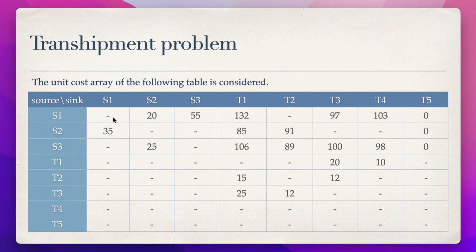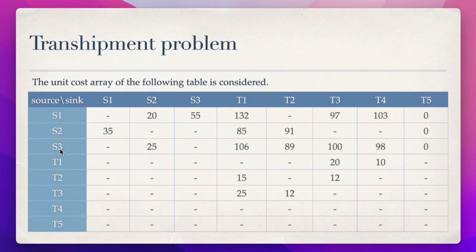And in some direction you see that it costs 0, of course it costs nothing. And in some cases, for example, we have a dash here, right? It represents the case that we cannot ship from S1 to S1. Of course it's nonsense, right? We cannot ship the product where the source and sink are the same.